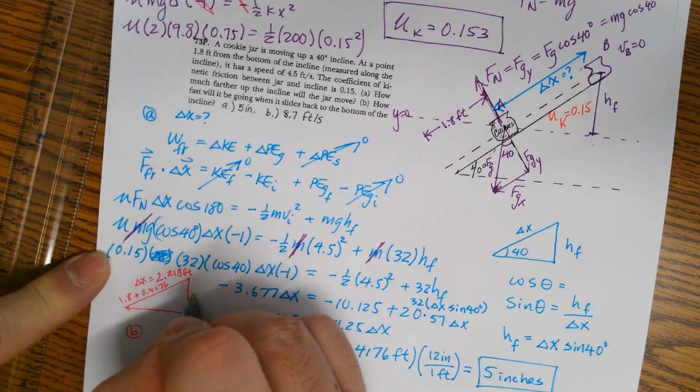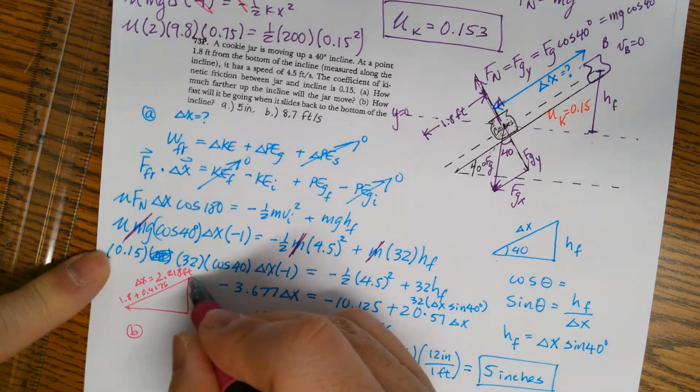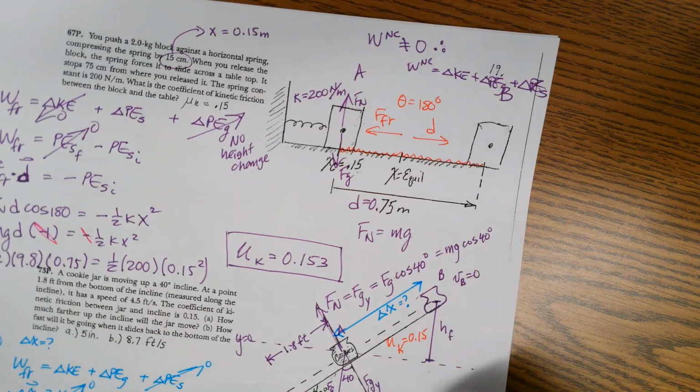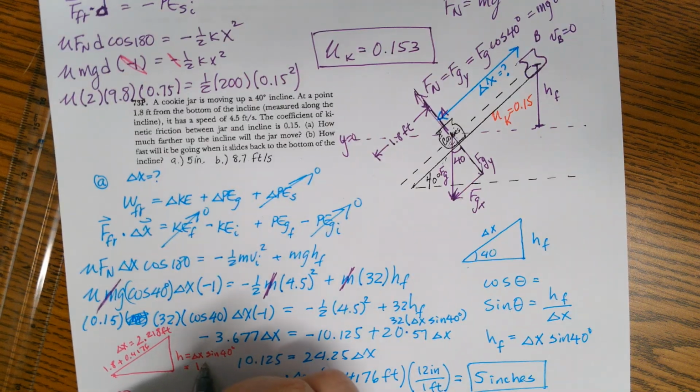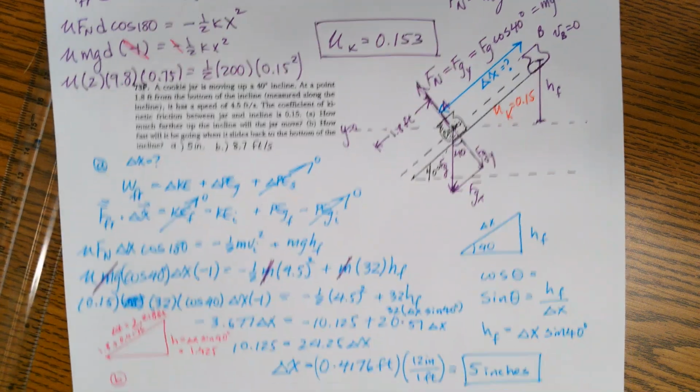The height, h, from here to here is simply delta x times sine of 40, which is 1.425.